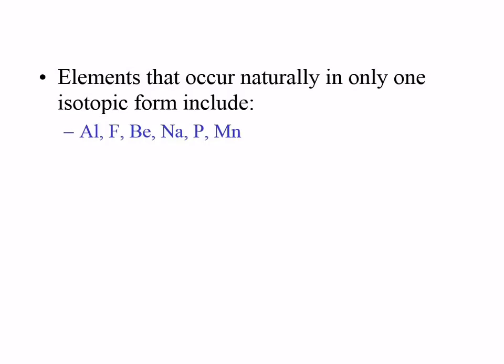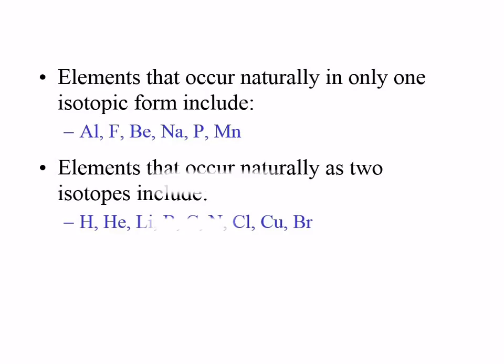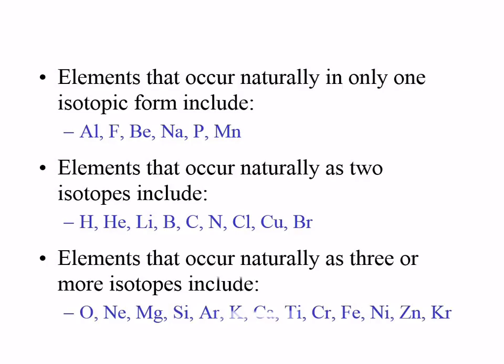You probably recognize what they are. Six elements that Mother Nature only has one way of doing business with. Do you know what I'm saying? With isotopes, it seems like you should at least have two forms of one. Okay, so these are examples of elements that have 2 naturally occurring isotopic forms. And these have 3 or more isotopic forms.